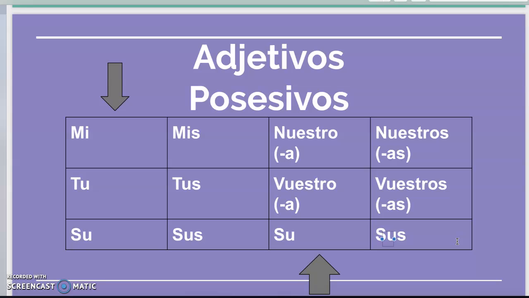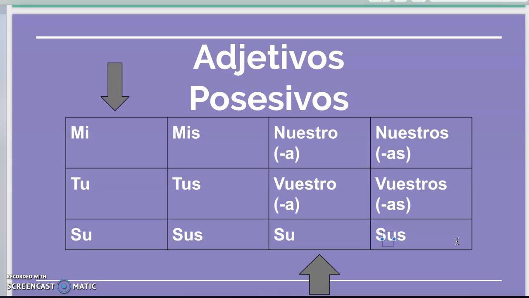All right, so now we know which columns are singular, which columns are plural. We know that all of these words in the chart that I see here on the screen have to mean one of these 6 choices I have in English. So my, your, his, her, our, or their, T-H-E-I-R. So now let's actually translate them.